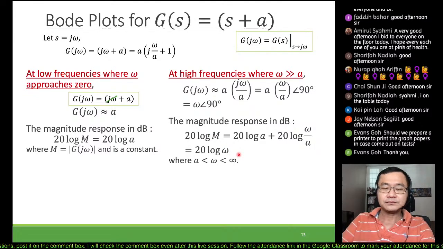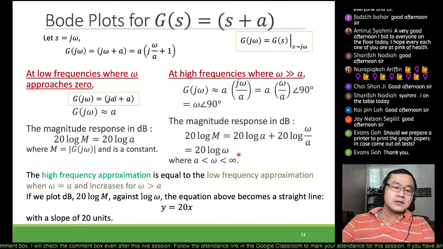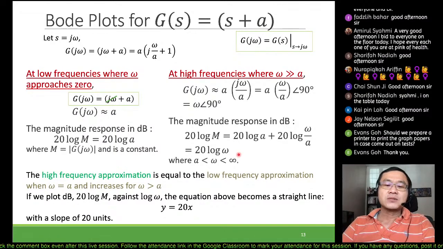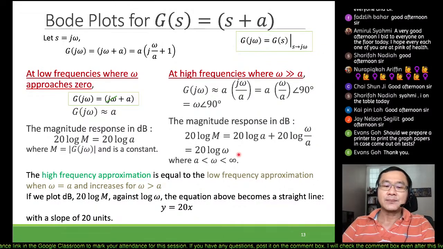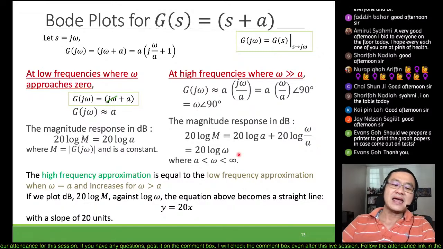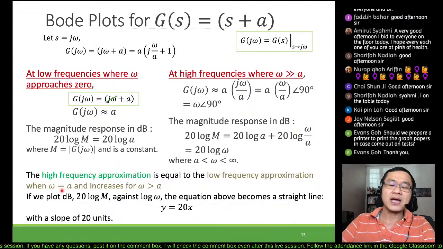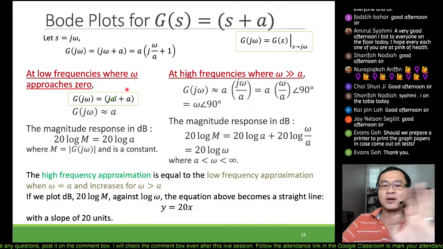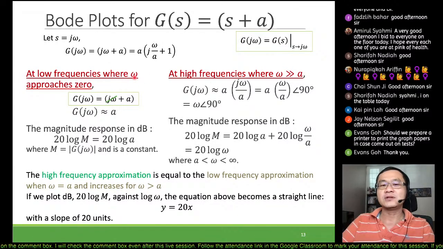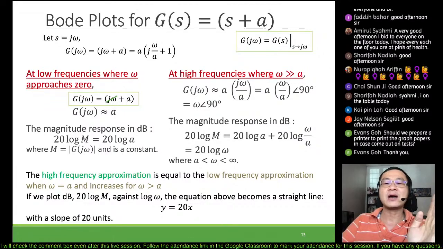The high frequency approximation equals the low frequency approximation when omega equals a. One is omega near zero, and the other is omega very high.